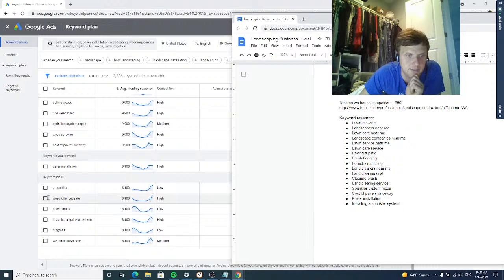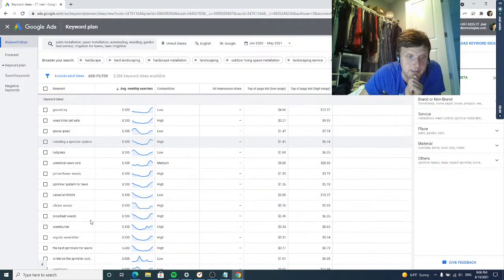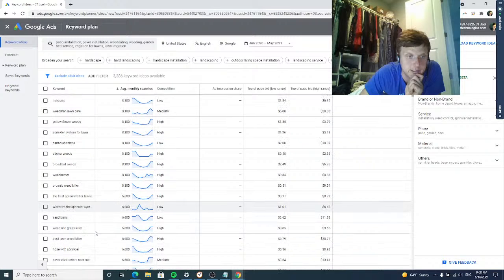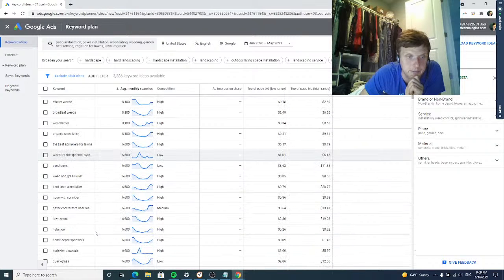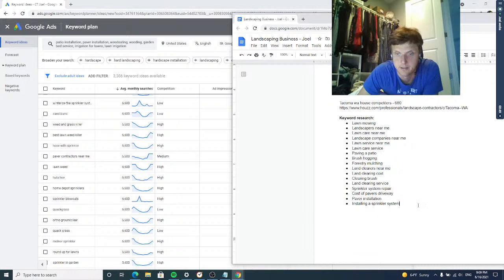And let's see what else we've got. And I actually want to see 500. So let's see some more keywords. Sprinkler for lawns, paver contractors near me. Okay. Looks like there's a decent amount of paver related searches.